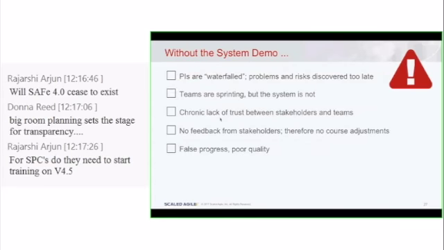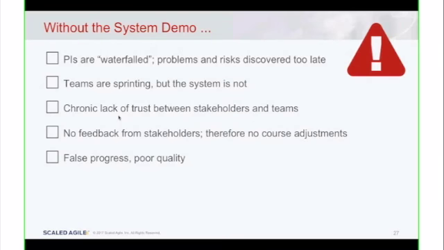Teams start to waterfall within the PI, right? So if your program increment is, let's just say, 12 weeks, teams will spend the first iteration in analysis, and then the second and third iteration in writing code, and then they don't even start testing until the third and fourth iteration, and they run into problems too late, right?